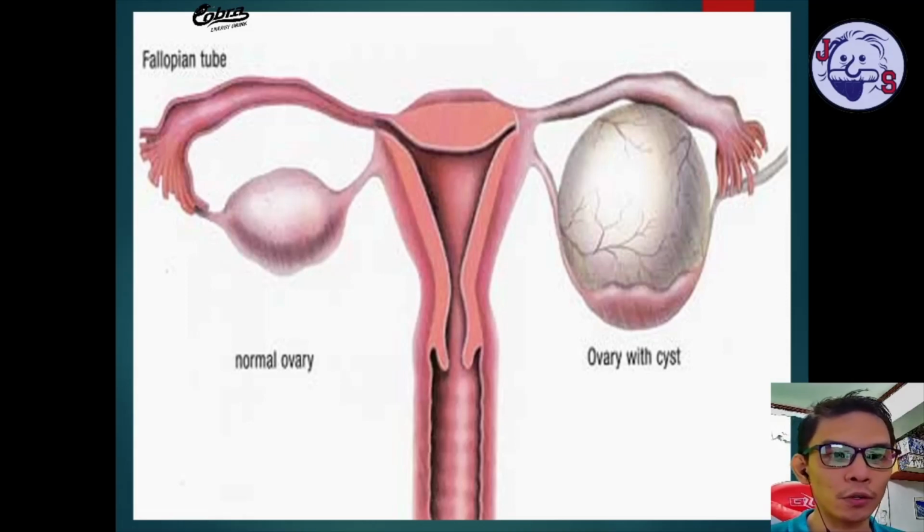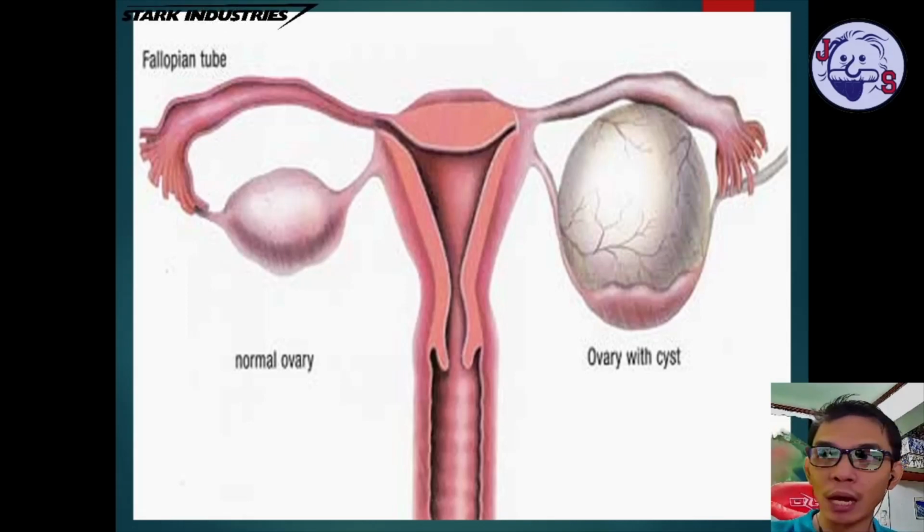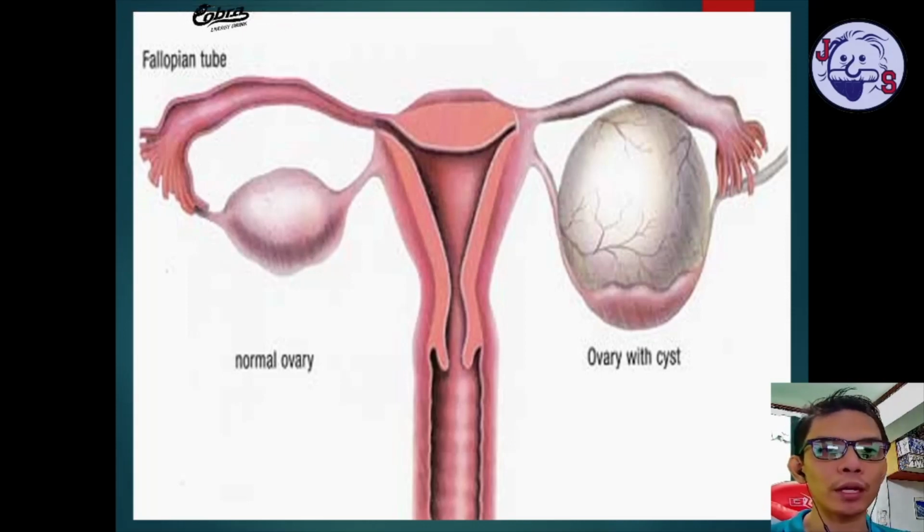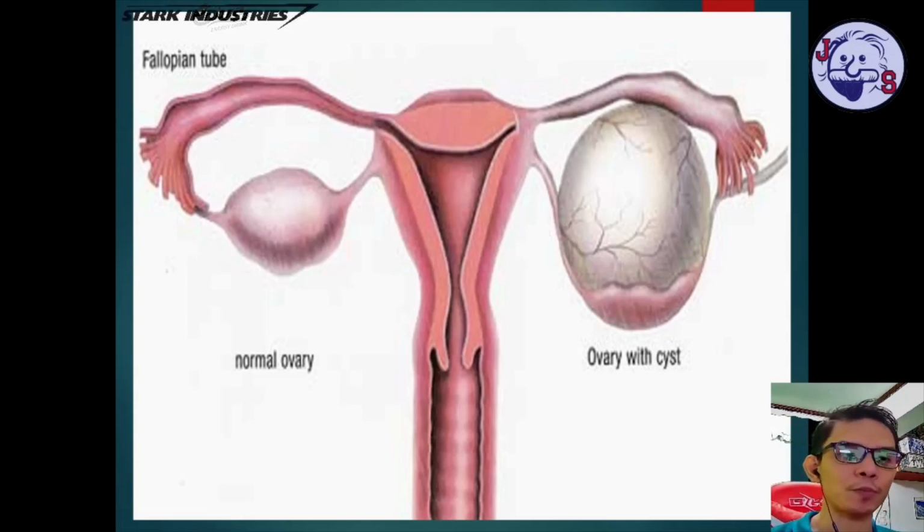There are some reasons why we have a cyst in the ovary like the one you have right here. Number one, it is likely hereditary. Number two is the diet. What you eat somehow affects the ovary, especially if you are eating carcinogenic foods.